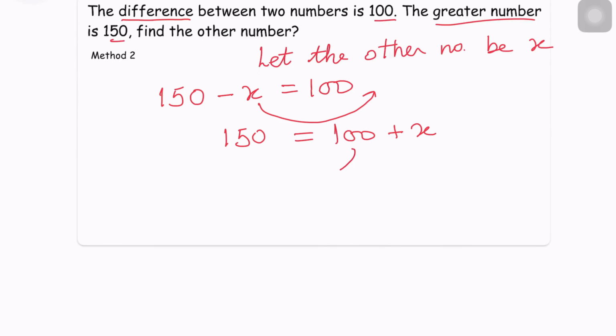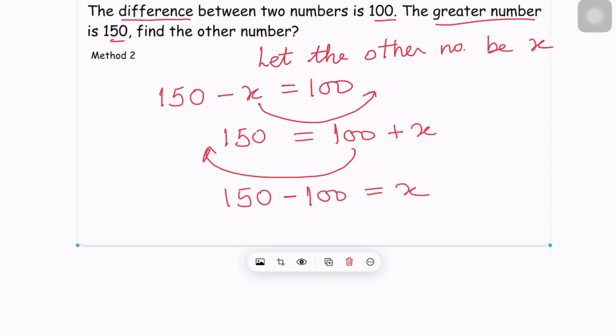Now we will move 100 to this side of the equal, so the sign of 100 will change. Here 100 is plus, if nothing is written here, it means it is plus. So when it comes to this side of the equal, the sign will change, so 100 will become negative, is equal to x. So we have got x alone on one side of the equal.